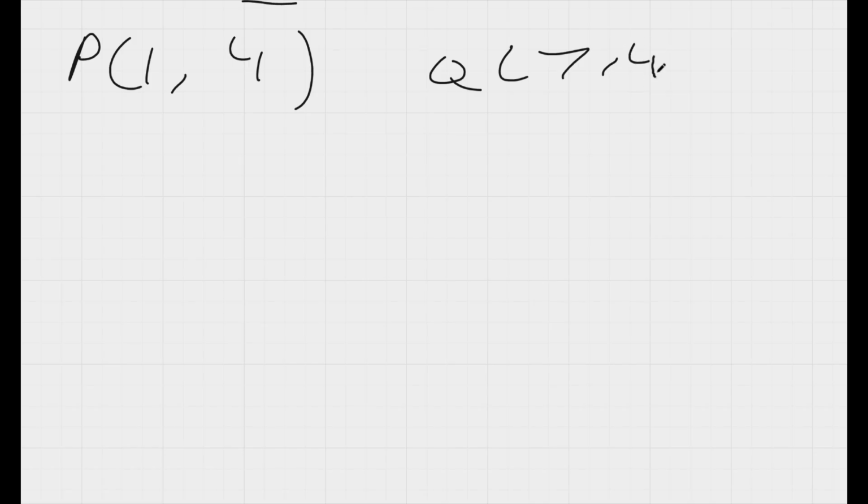So let's do a question. A circle has a diameter with endpoints P, which is (1, 4), and Q, which is (7, 4).